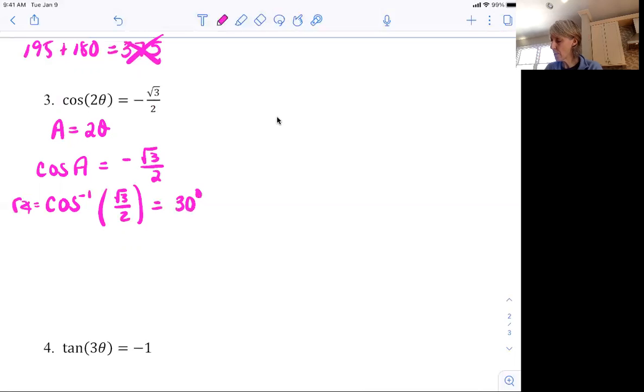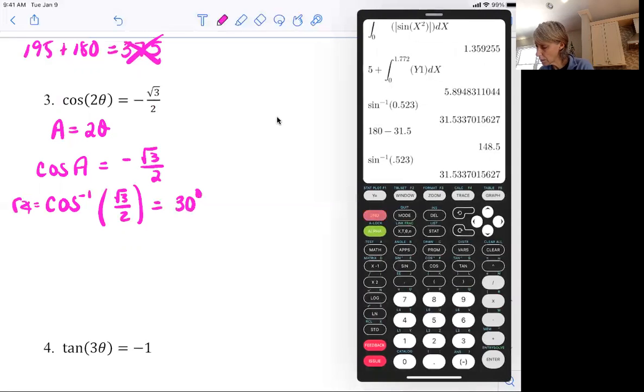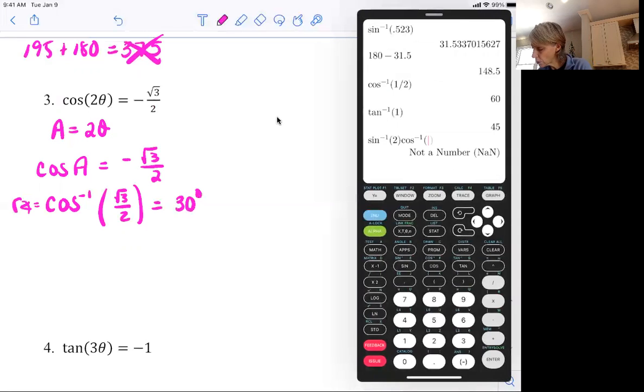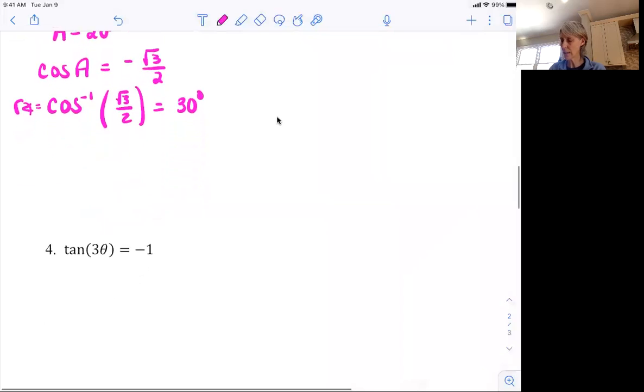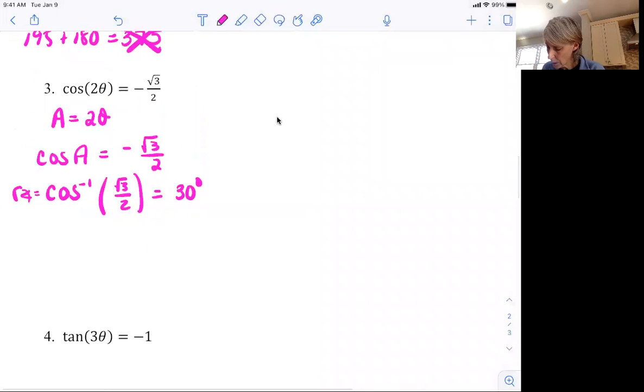If you don't have it memorized, just do it on your calculator. Second cos of radical 3 divided by 2 gives 30 degrees, okay? So you always have the calculator as a backup. Now I need to find my angles. So A is going to equal, I go back up.